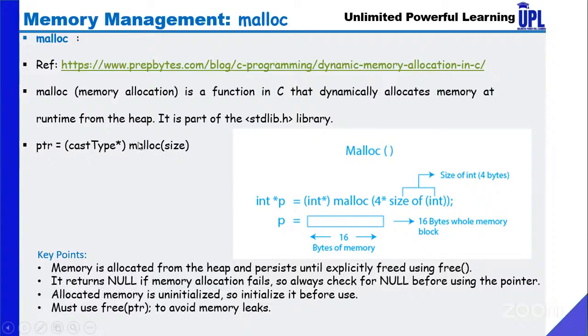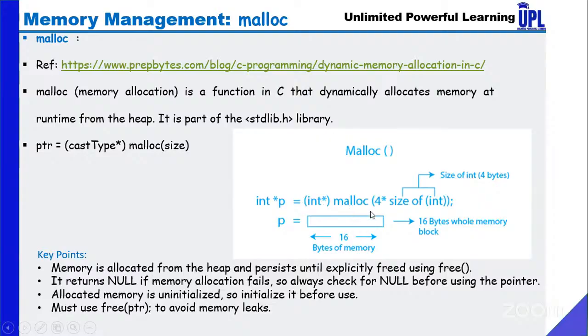If memory cannot be obtained for usage, then it will give null actually. And we cannot use it without initializing the value. If memory is allocated, then definitely you can start using it. If you look at this, for integer type, int star p is equal to malloc, and the return type is integer because it is pointing to an integer value.